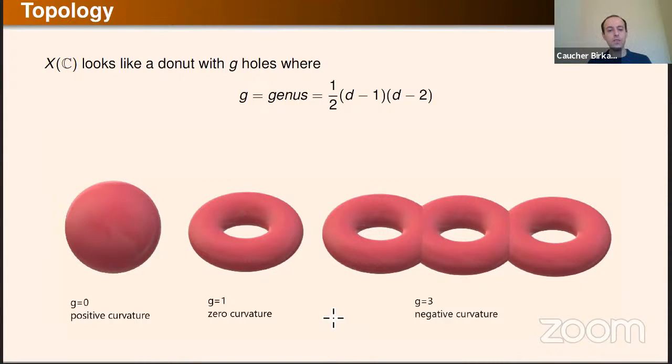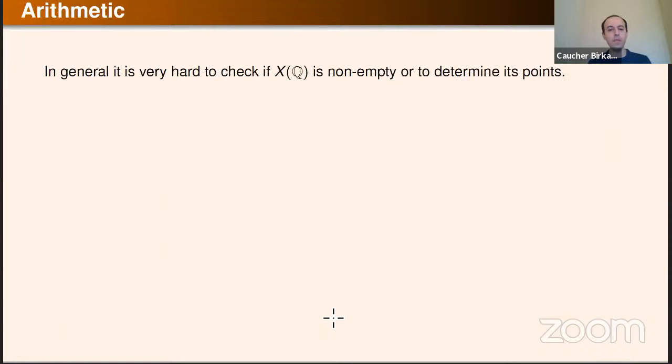So the topological shape is simple, but we want to understand more, not just the topology here. Now, in general, it's very hard to check if X(Q) is non-empty or not, for example. Although X(C) is kind of simple, at least topologically, X(Q) is much harder to determine.